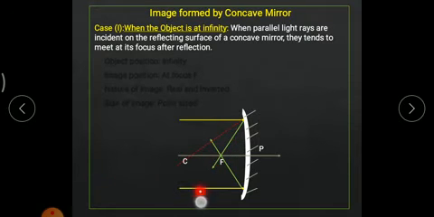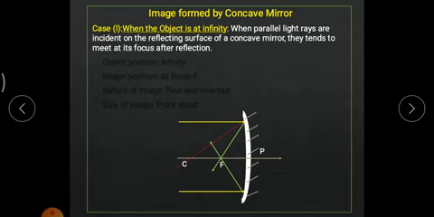Another ray, I'm taking as an example. This is another incident light ray, parallel to the principal axis. At the reflecting surface, the reflected light ray would pass through the focus. The image would be obtained exactly at the focus over here.